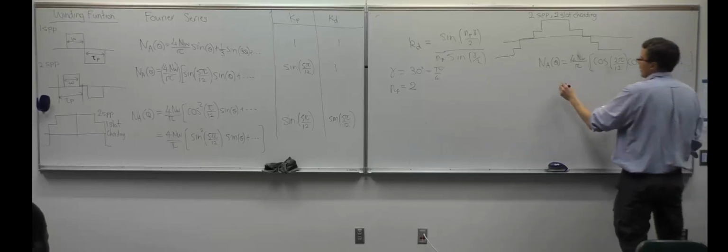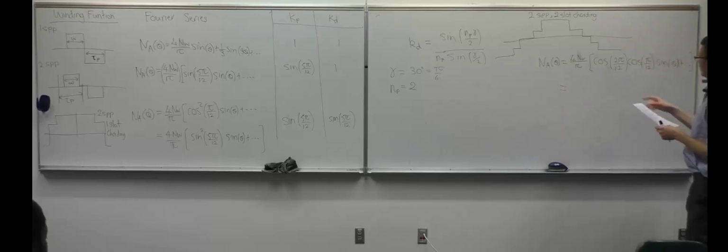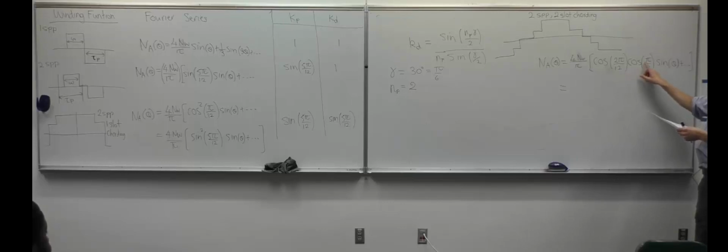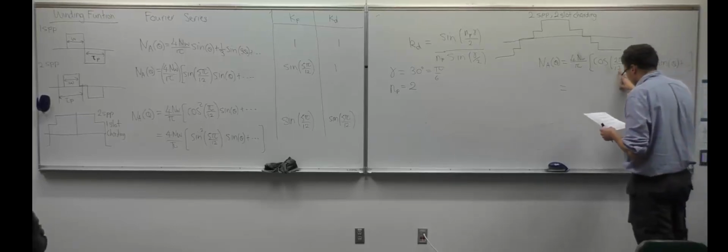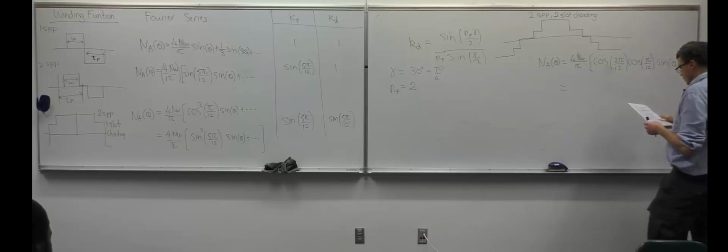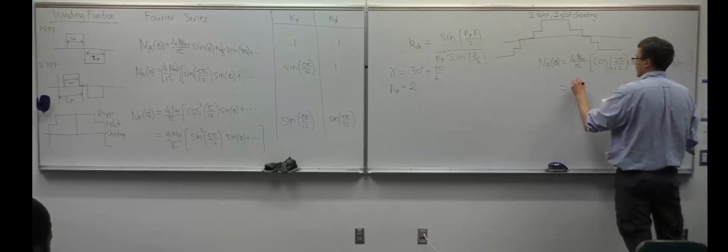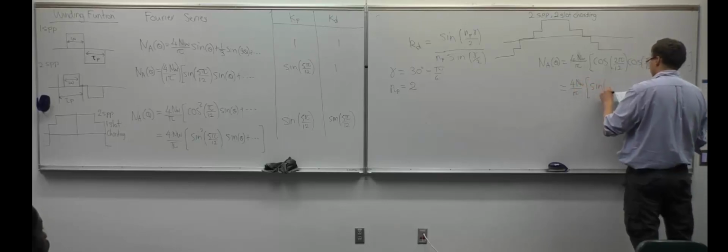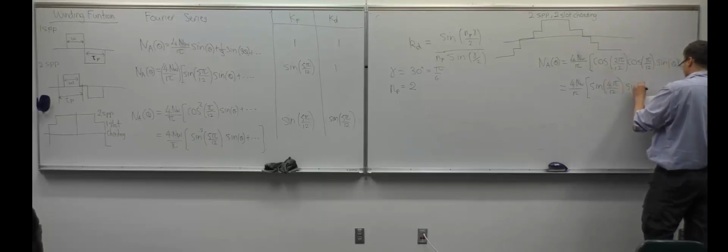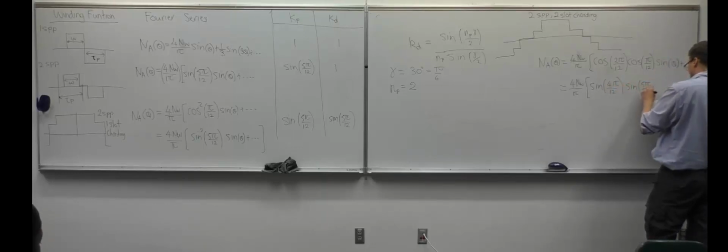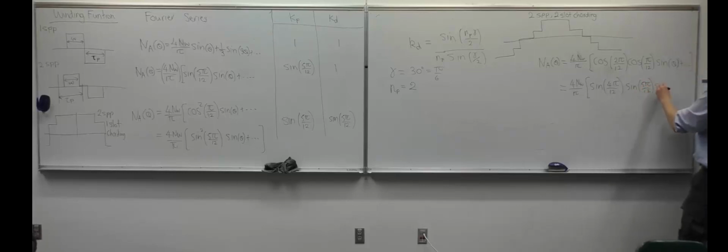So it turns out that cosine pi over 12 is sine 5 pi over 12, and this is sine 4 pi over 12. So we can put that in here: sine 4 pi over 12, sine 5 pi over 12 times sine theta, and so on.